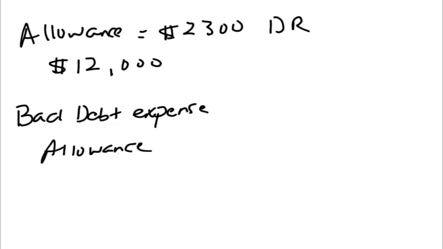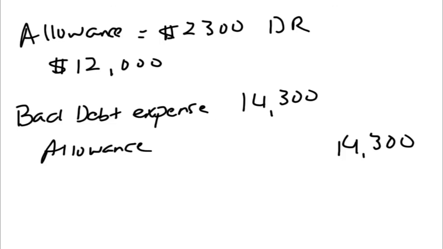So in total, I'm going to have to credit that account for $14,300 to get it to equal a $12,000 credit. So that's the amount of my adjusting entry this time. Because once I credit the allowance account for $14,300, it has a $2,300 debit balance. That will make it equal the $12,000 credit.